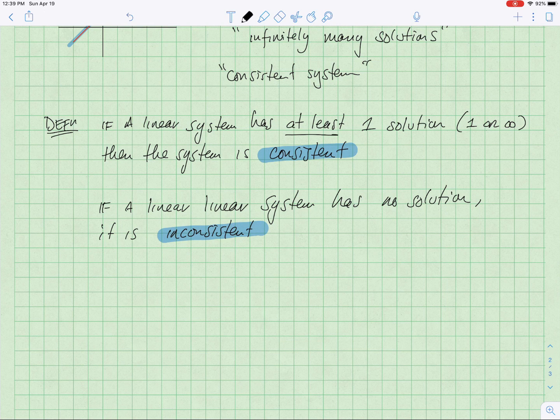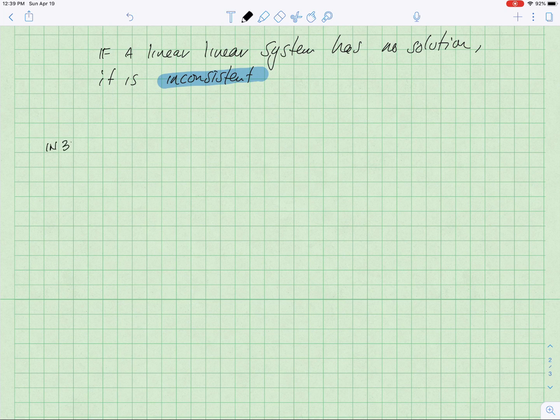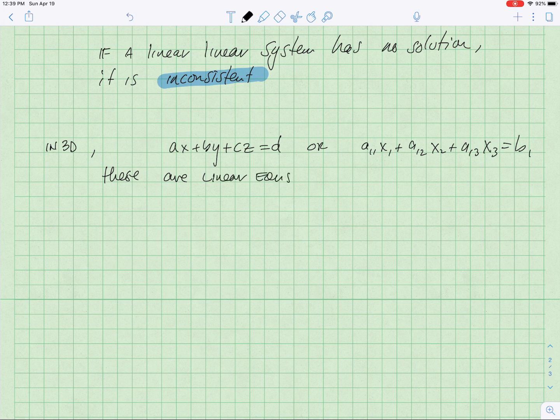Now, as we go up in dimension, the geometry changes a little bit. In 3D, when you talk about ax plus by plus cz equals d, or a11 x1 plus a12 x2 plus a13 x3 equals b1, these are linear equations in 3 variables, and geometrically speaking, they're not lines.